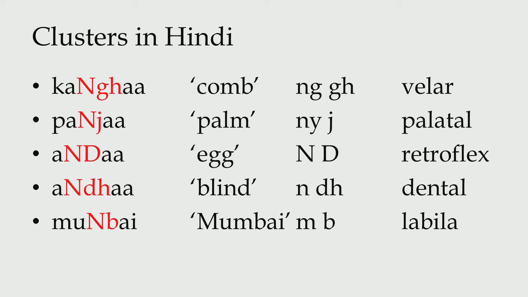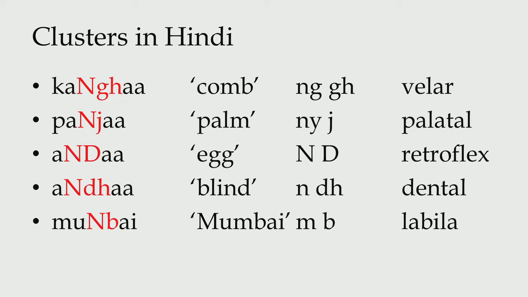And so I am going to read these words for you with their meanings. Kangha, it means comb. Panja means palm. Anda, egg. Andha, visually impaired person, dictionary meaning is blind. Mumbai is the name of a place, a proper noun.